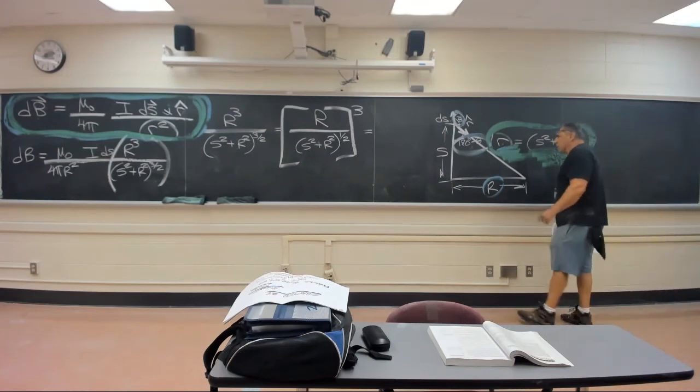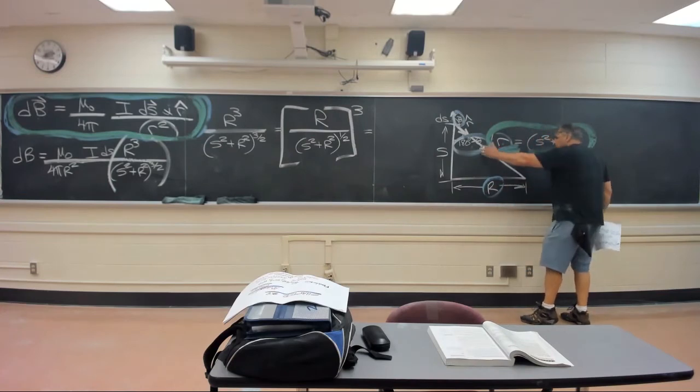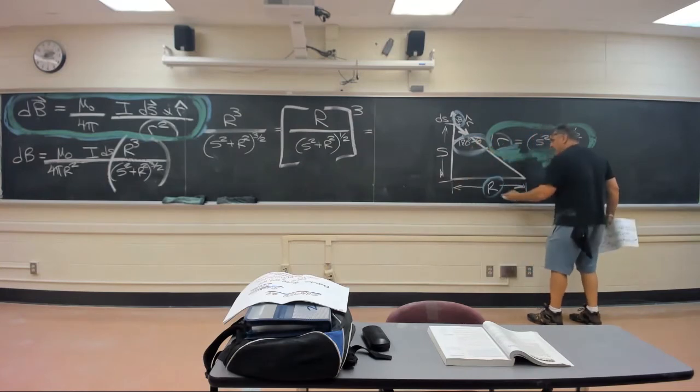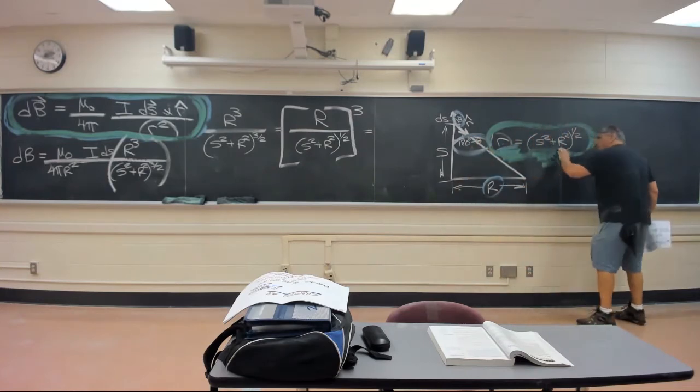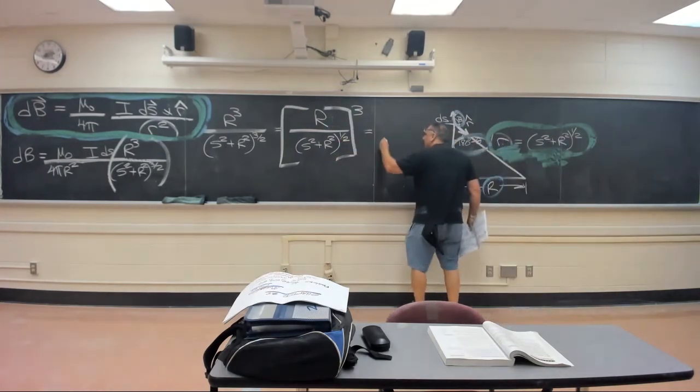The sine of theta in degrees is the same as the sine of 180 degrees minus theta. What is the sine of theta? It's the opposite over the hypotenuse. That's capital R over this. Wait a minute, capital R over this, you got it.